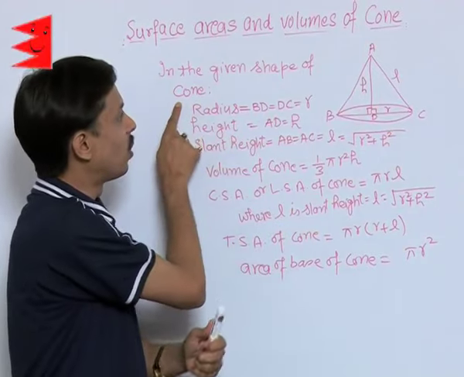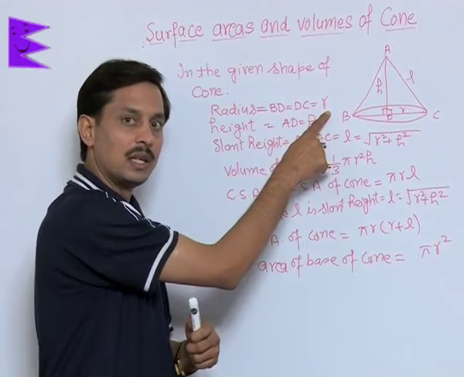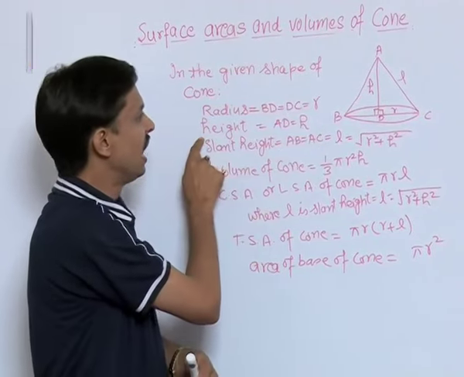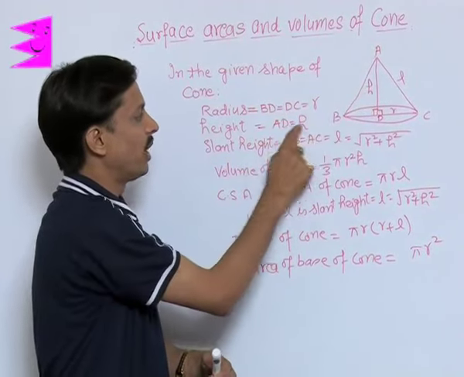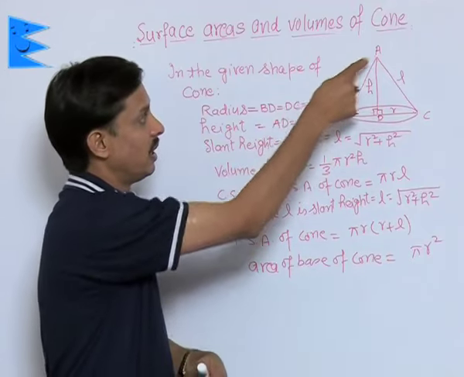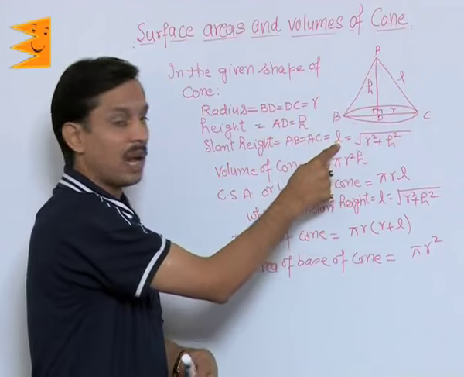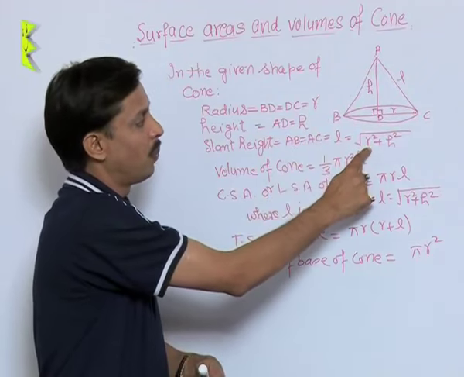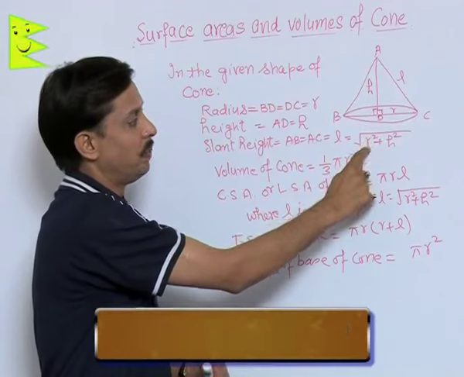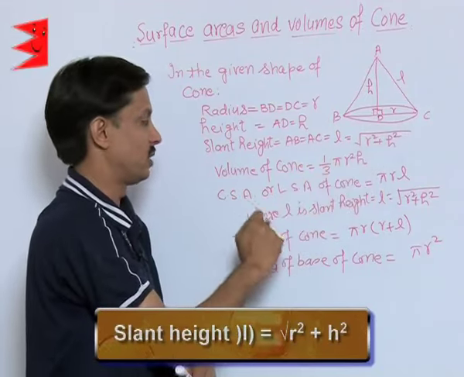So for the cone, the radius is BD or DC, indicated by small r. Height is AD as shown, indicated by small h. Slant height is AC or AB, symbol small l, and with the help of the Pythagoras theorem, it is the root of r square plus h square.